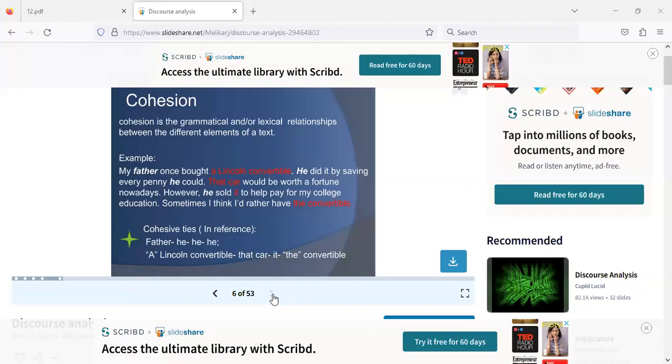There are some ties, as I said, the linking devices, with the reference. You may have pronouns like he referring to father and it referring to car, whatever, this convertible. So if it is in semantics, now semantics means the meaning.